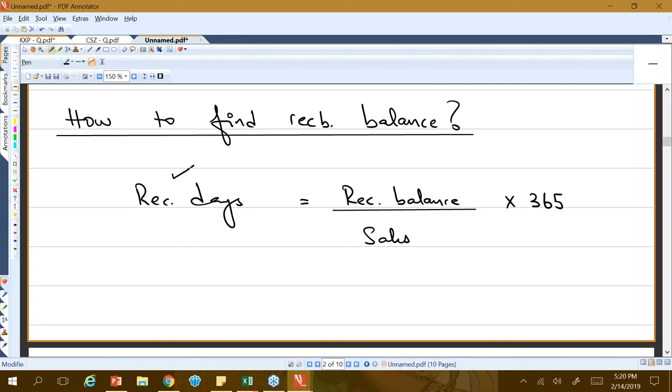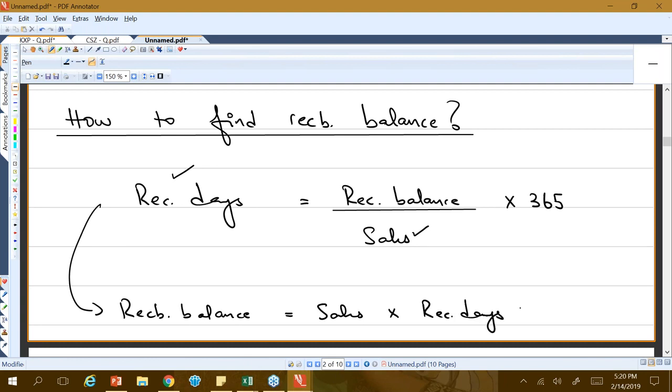Now, if the examining team has given us the receivable days and they give us the sales, what we can do then is rearrange this calculation to find the receivables balance. Therefore, the receivables would be the sales into receivable days over 365. So, really important calculation.